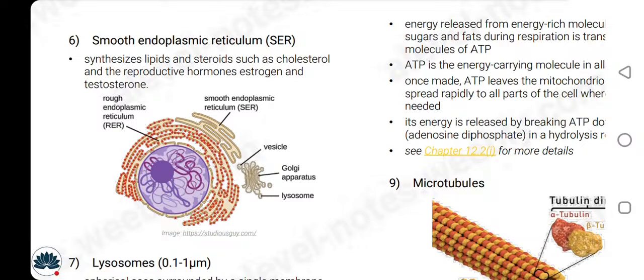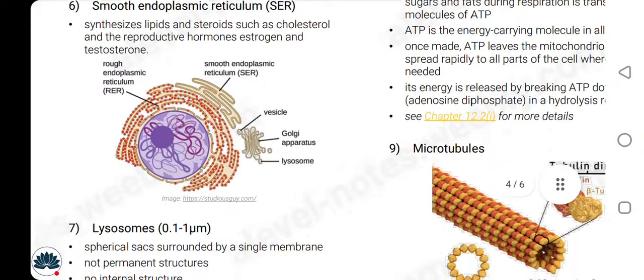It makes lipids and steroids such as cholesterol and the reproductive hormones such as estrogen and testosterone. Smooth endoplasmic reticulum is also a major storage site for calcium ions. This explains why it is abundant in muscle cells, where calcium ions are involved in muscle contraction. In the liver, SER is involved in drug metabolism.